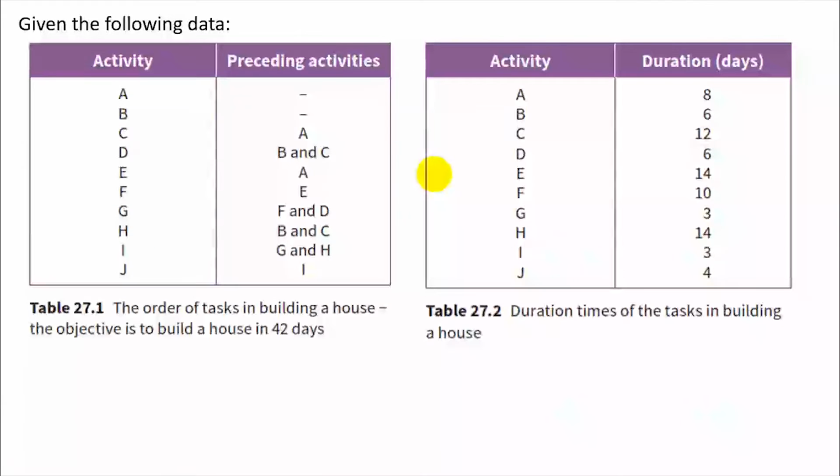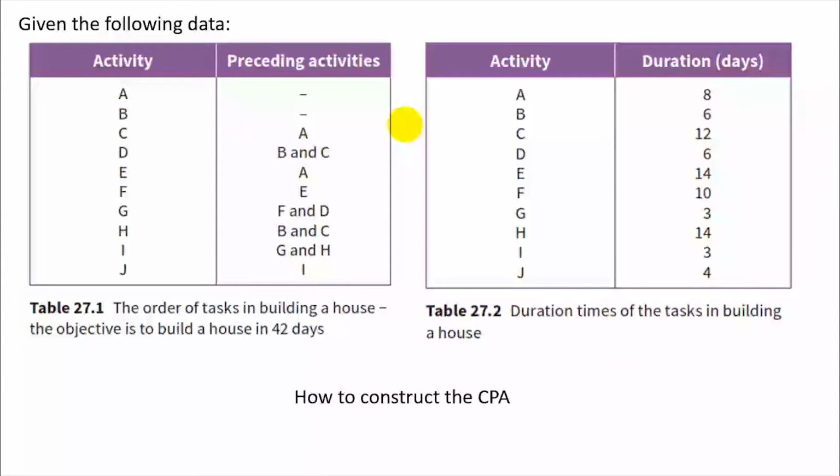Let's do some exercise. Here on table 27.1 are all the activities of building a house with the objective of building it in 42 days, and on table 27.2, the durations of each activity.